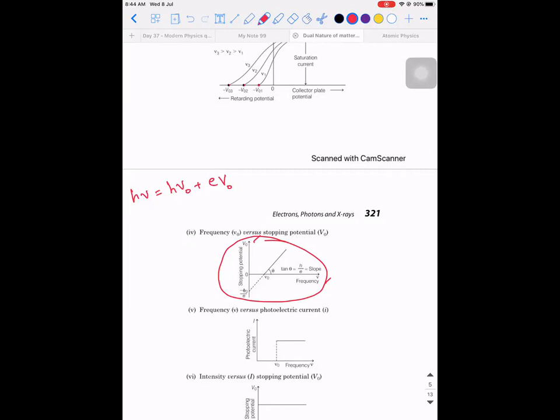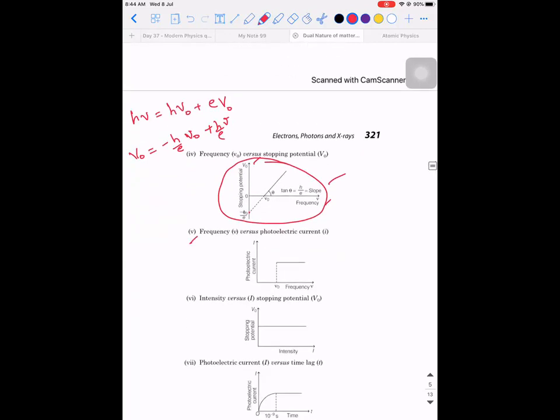Yes, sir. So V naught will be equal to minus h by e into nu naught plus h by e into nu. Now this is looking like the form y is equal to mx plus c. Then you draw the graph, you will get the answer. So that's how this graph is drawn.